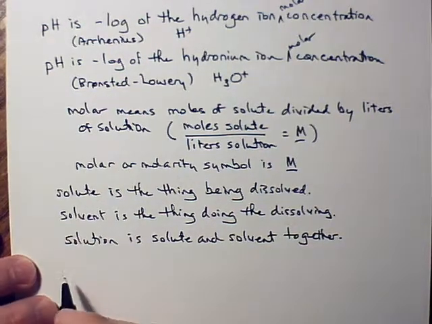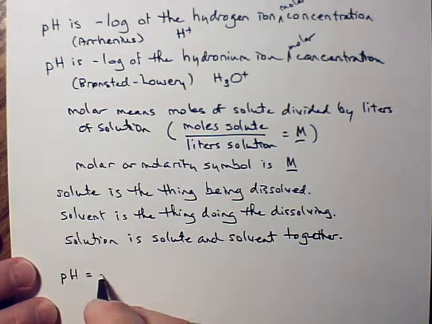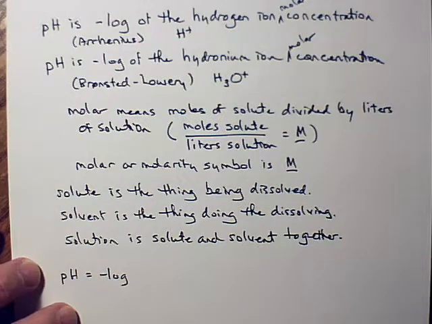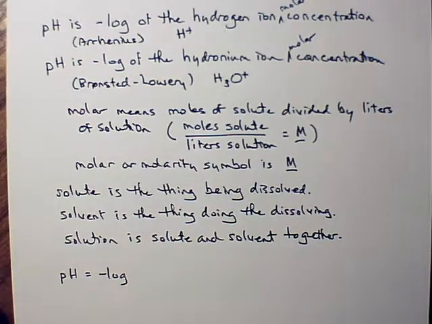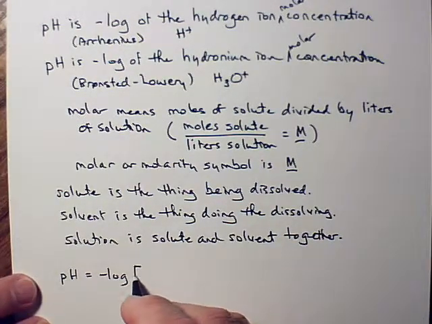So, we said that pH is equal to the negative logarithm of the hydrogen ion concentration. We have a special symbol to indicate the molar concentration of something: we put that something in brackets.